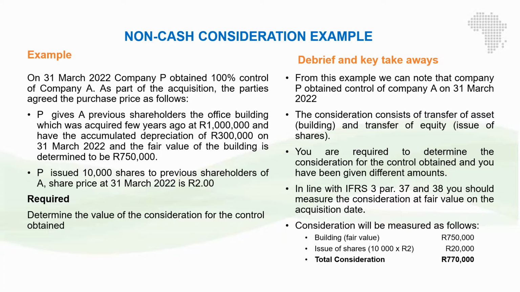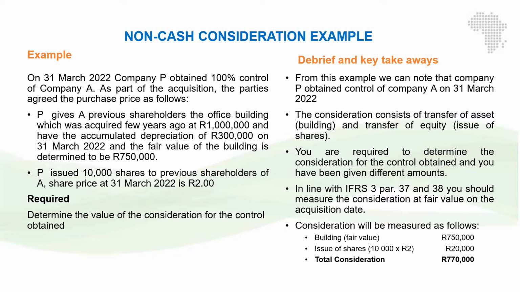Then, on 31st March 2022, the fair value of the building is determined to be 750,000. P has also issued 10,000 shares to the previous shareholders of A, and the share price at 31st March was 2 rand.